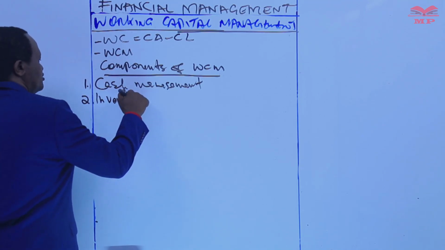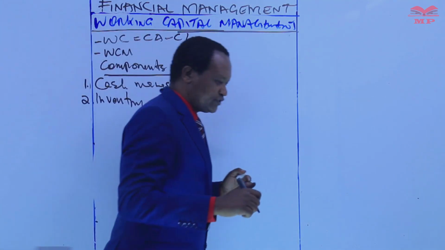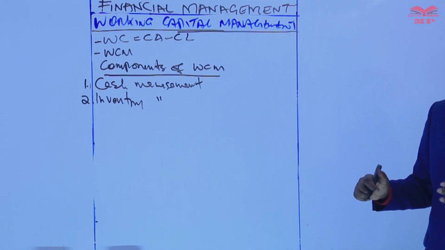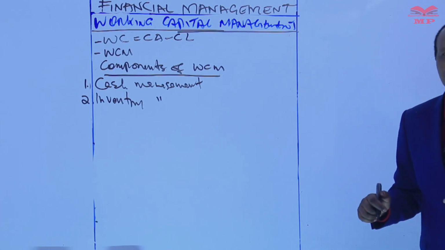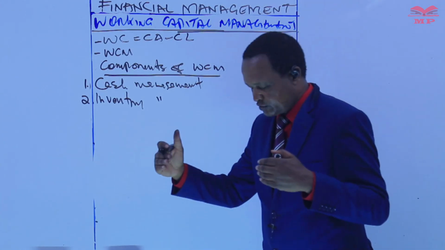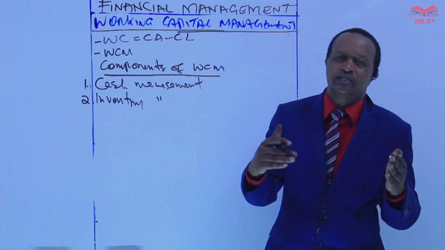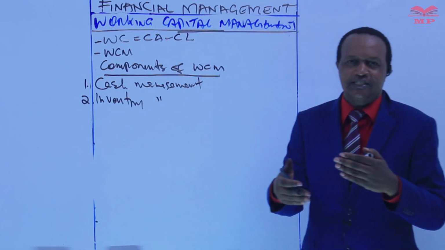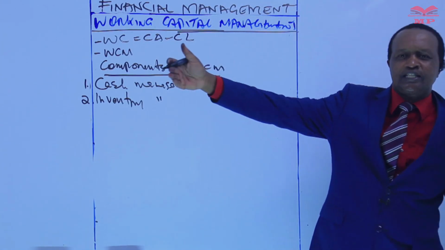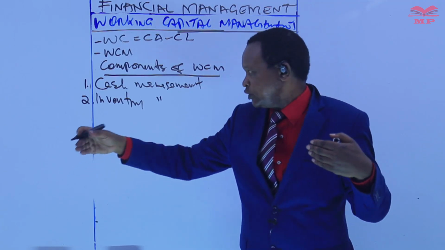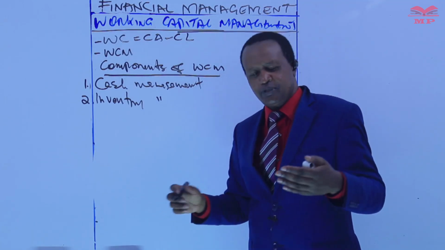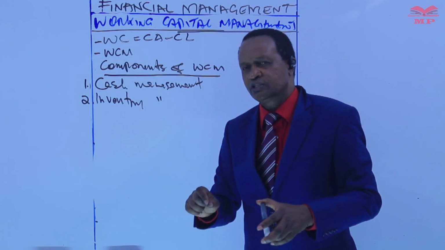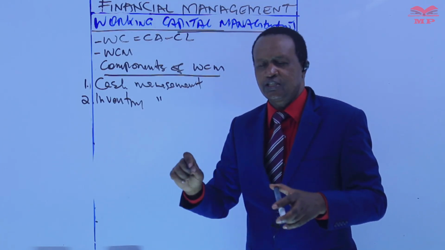Inventory management. Inventory, also known as stock, is an element of working capital management. And it involves managing the company's inventory levels to ensure that it has enough stock to meet demand without tying up too much capital in inventory. So in managing inventories, a company ensures that it does not hold onto inventories that are not required, because that then ties up capital.